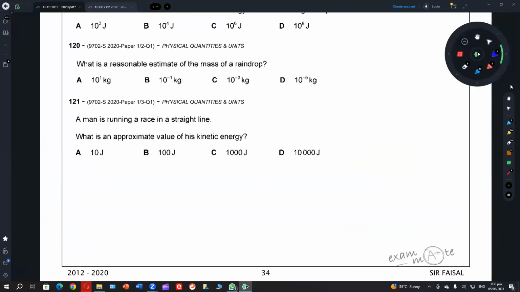A man is running a race in a straight line. What is an approximate value of his kinetic energy? That is a bit challenging question, because let the mass of the person be 60 kg. Now, how can I guess the velocity of a person? Normally, a person runs around 5 meter per second or 6 meter per second, because a meter you can always imagine the length of.